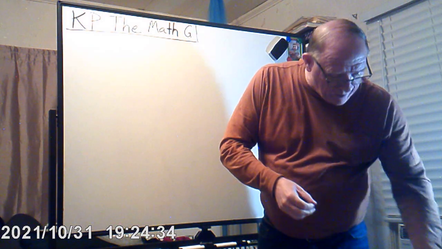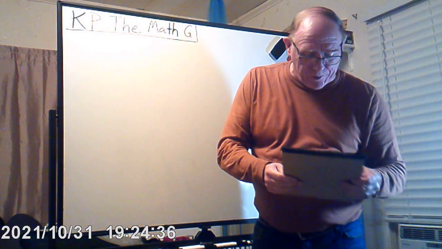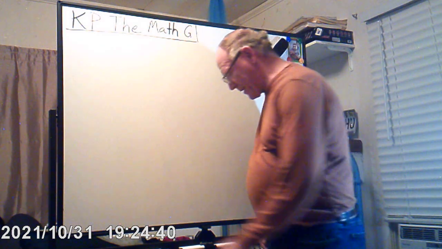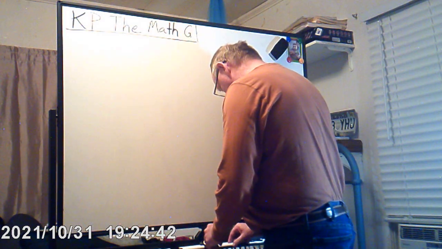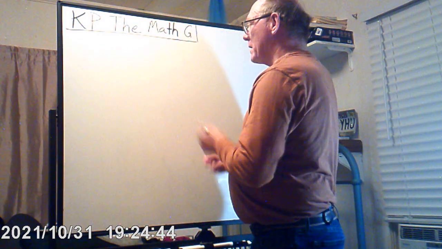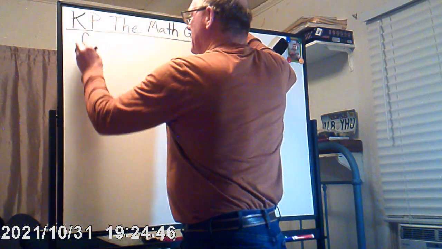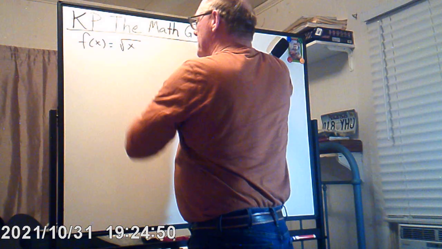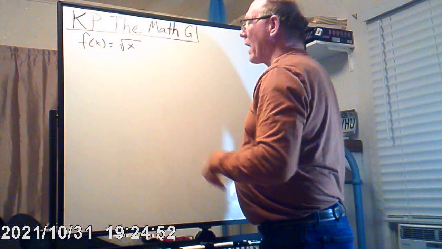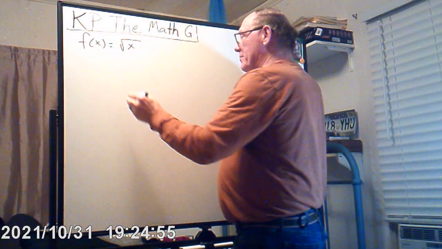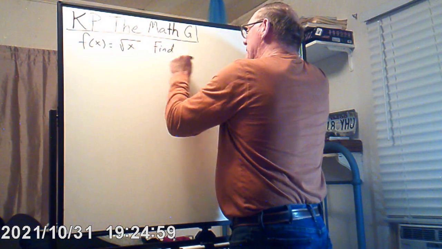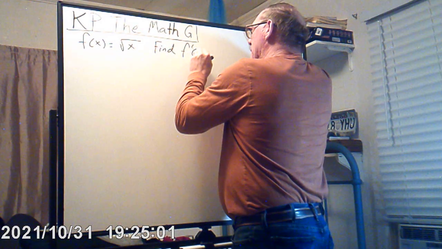Okay, one more, and then we'll bring our lesson to a close. Given that f of x is equal to the square root of x, if we're going to use that limit, we want to find f prime of x.